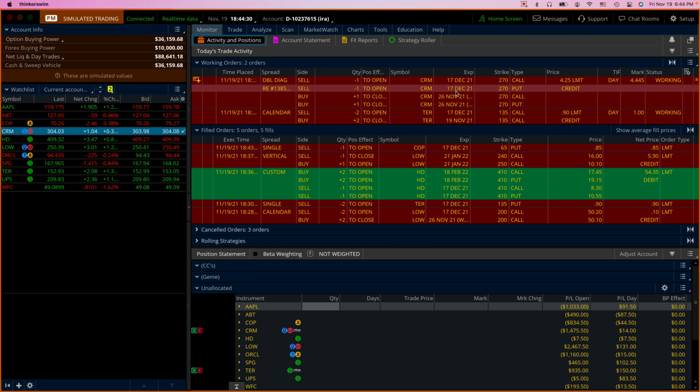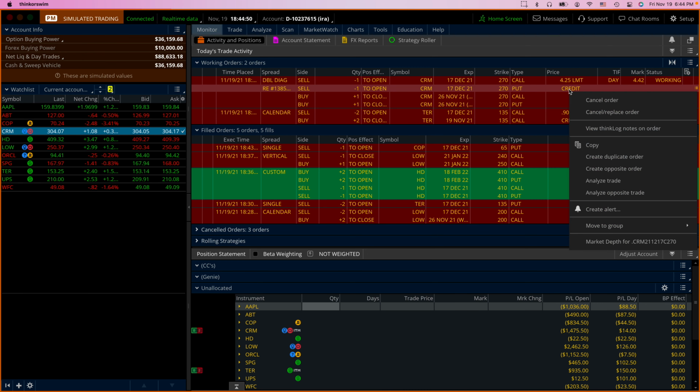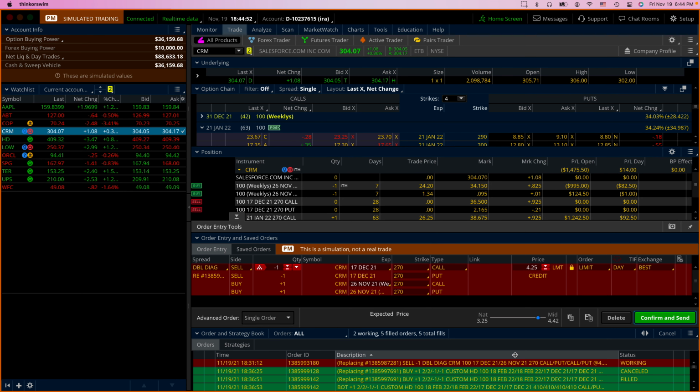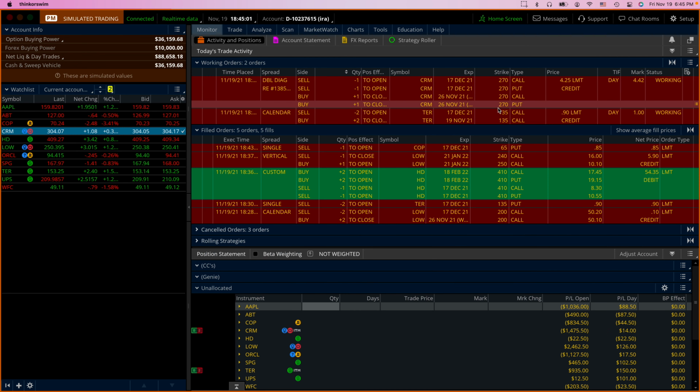I have this rollover from November the 26th, which is today, to December the 17th, and you can see that the mark is higher than the credit that I'm asking for, so that should fill. If not, we would lower it even further until it gets filled. And you see the bid and natural, that's quite wide. You can also do the put side first and the call side second, or vice versa.